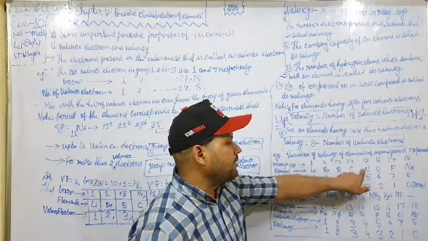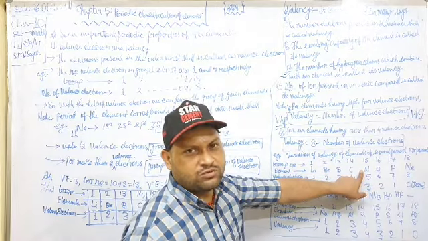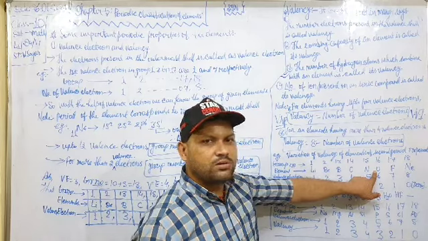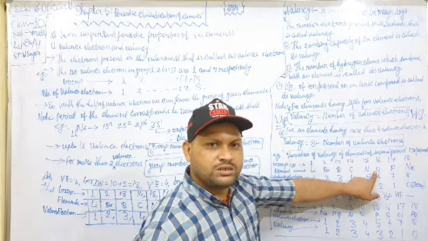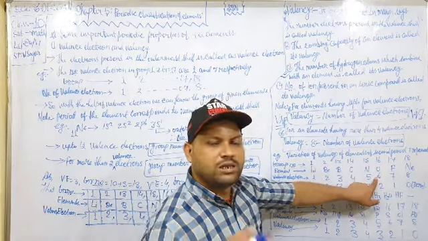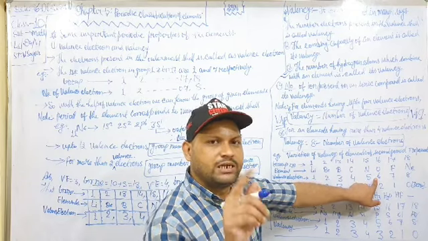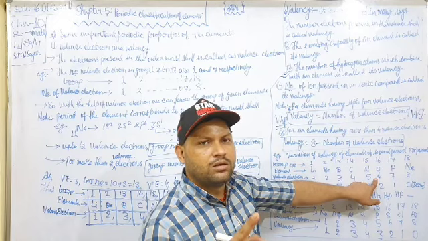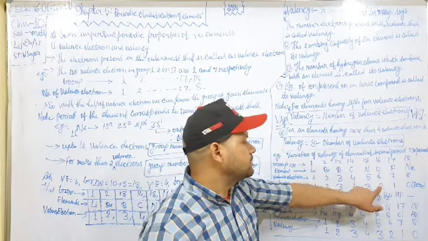As for example, the valency of nitrogen is 3, and the valency of oxygen in the same way is 2. Why? Because the number of valence electrons in oxygen is 6. That's why we subtract 6 from 8, and the result is 2.